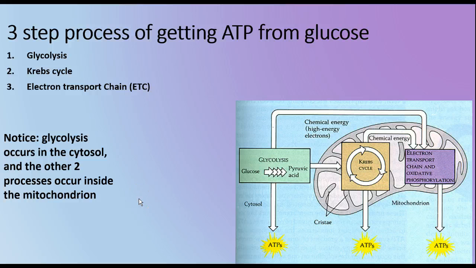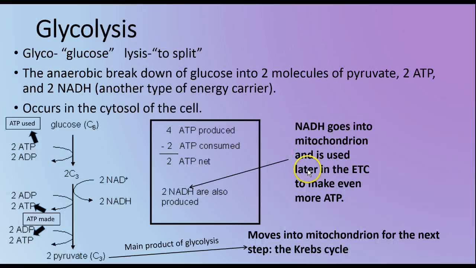The 3 parts of cellular respiration are glycolysis, the Krebs cycle, and the electron transport chain. In this diagram, you can see that glycolysis occurs outside the mitochondria in the cytosol, whereas the other 2 processes occur at different locations inside the mitochondria. This is why the mitochondria gets the nickname the powerhouse of the cell, because it makes energy, like ATP.